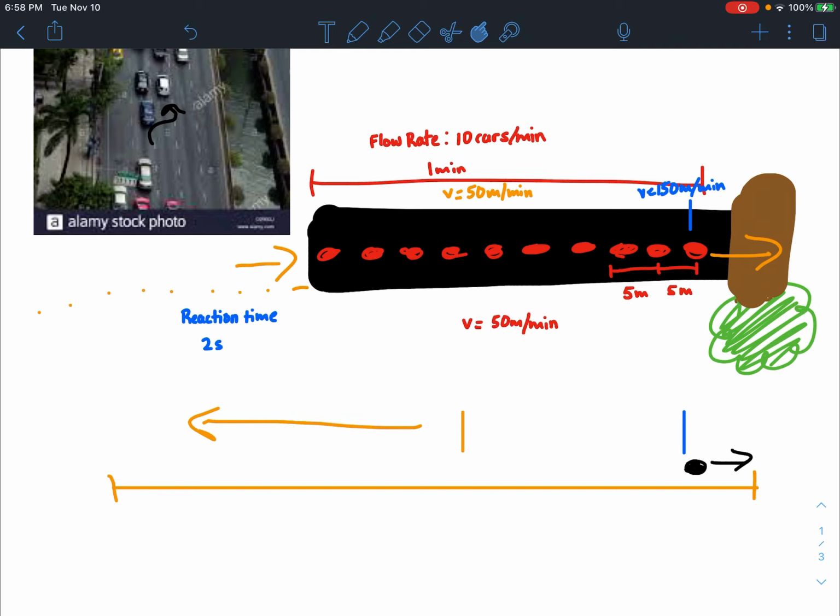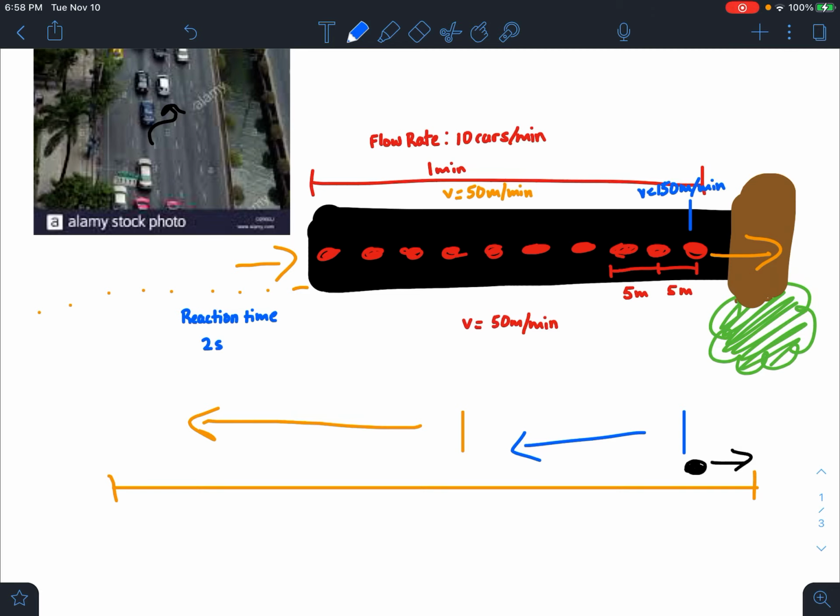So with this, it's going to be going on and on with that position. And basically this blue line is trying to catch up to that orange line. And that is what the GPS is calculating. It's calculating the time.